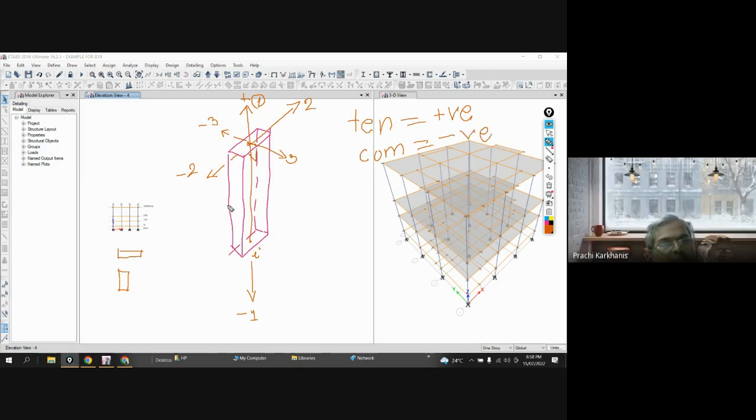So in your ETABS you will always find most of the time, there might be some cases where you will find column under tension, but 99 out of 100 times, you will see that a column is subjected to compression, right? So here you will get a negative magnitude, and here also you will get negative magnitude, right?